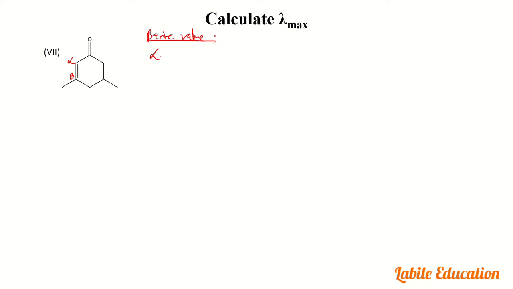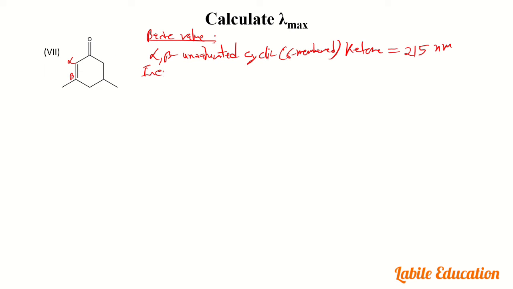So this conjugated system is an alpha beta unsaturated cyclic, basically 6-membered ketone, meaning part of a cyclohexanone. So the base value is the same, 215 nanometer.